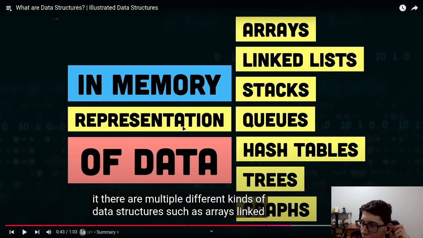Alright, in JavaScript we have only array, but I already see that Java is a bit different because it has arrays, linked lists, hash tables.